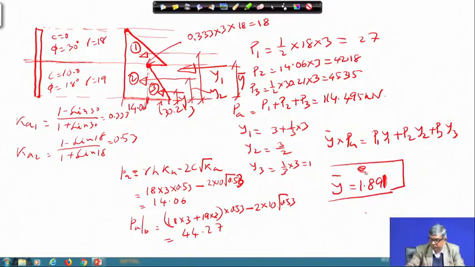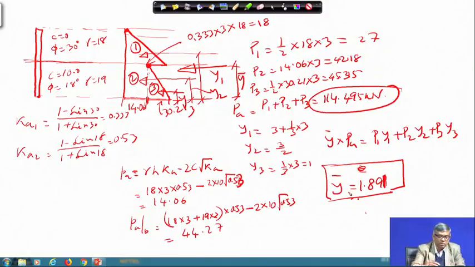So, that means because of this two layer soil the thrust on the wall is equal to 114.495 kilonewton per meter length, and it will act at a height 1.89 meter from the base of the wall.